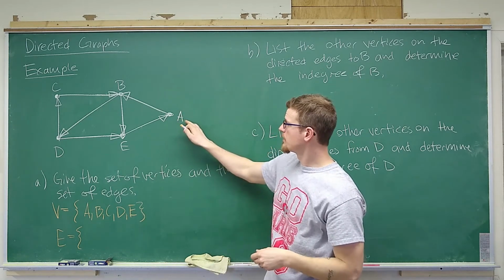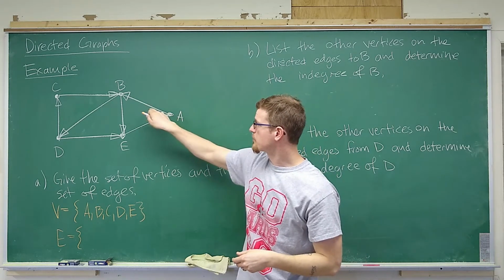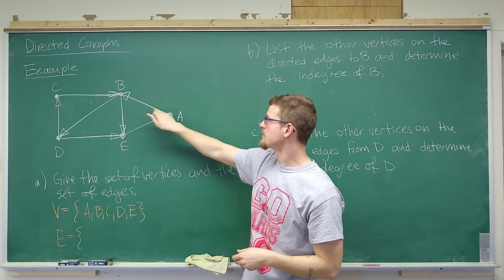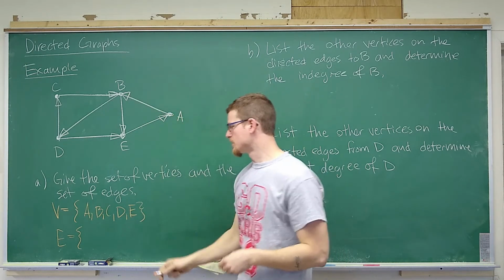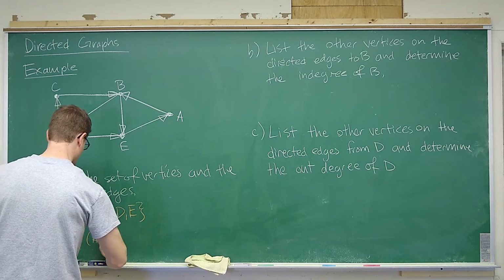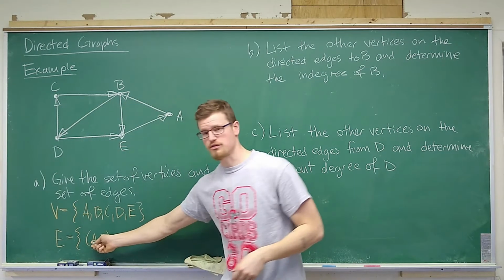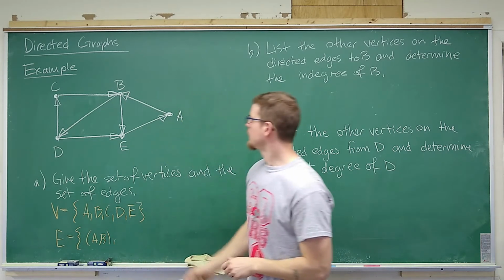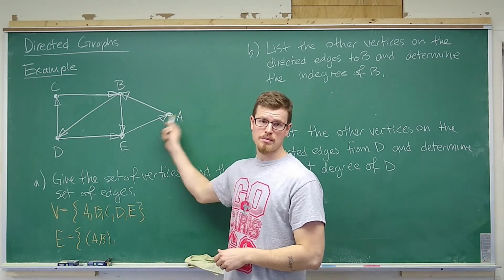So for A, the edge that goes away from A is going from A to B. So we have the edge (A, B), because it goes from A to B. Again, ordered pair. This other edge I'm not going to worry about for now.